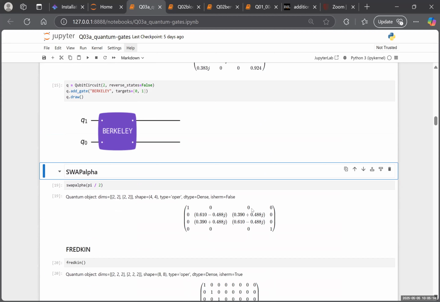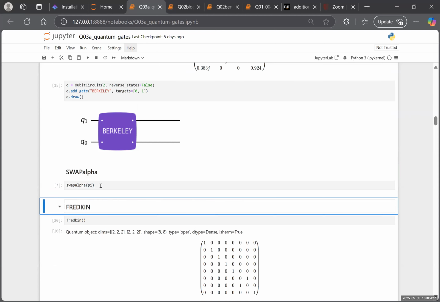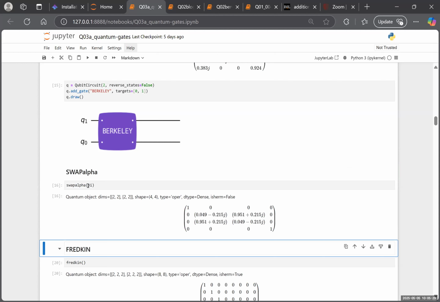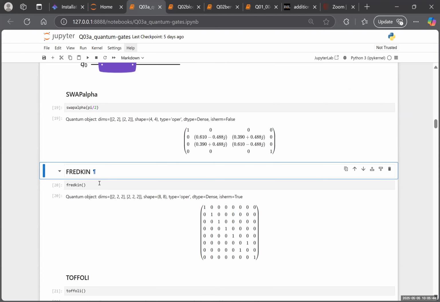Usually the swap would be 0, 1, 1, 0, but this is, I think, like generating the XY gate, each XY interaction. You can allow it to have different phase. For example, I put pi here. What if I put 2 times pi? I put 4 times pi. This is just some phase. Pi over 2. Okay. Fredkin gate.